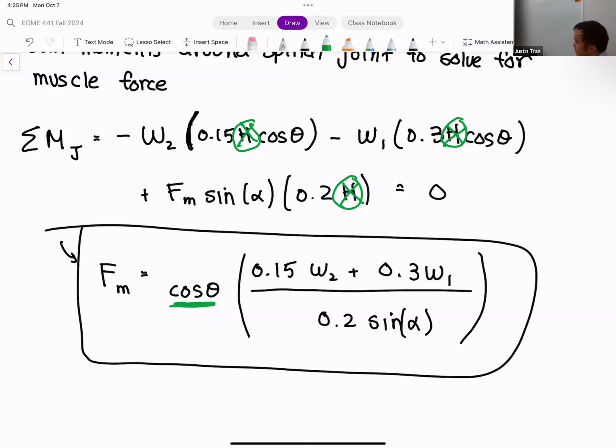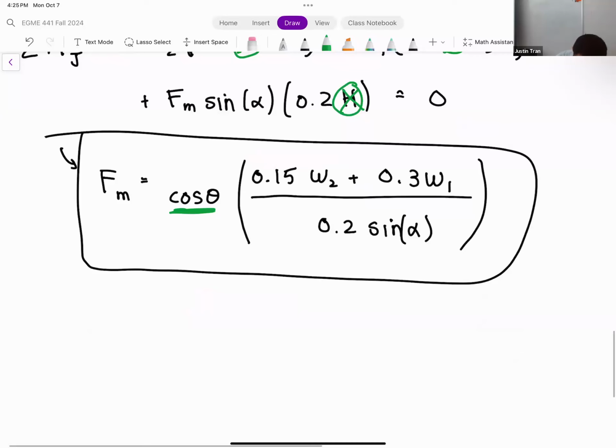So you can see the main dependence here is cosine of that angle, right? And so just like we did previously, let's talk about what the extremes are for cosine. If we're looking at the range from 0 degrees to 90 degrees, that's how we measure the posture.